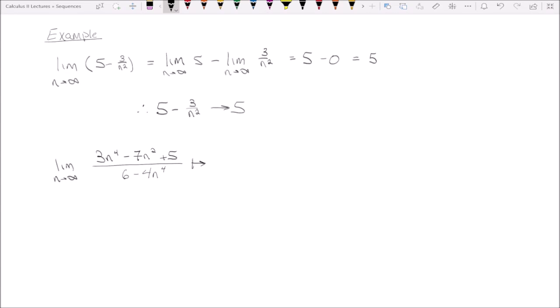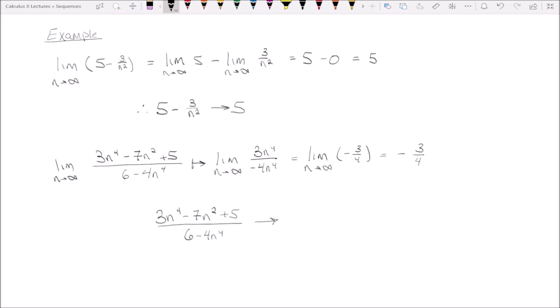So this behaves like this limit. And that limit is negative 3/4. So the sequence given by this converges to negative 3/4.